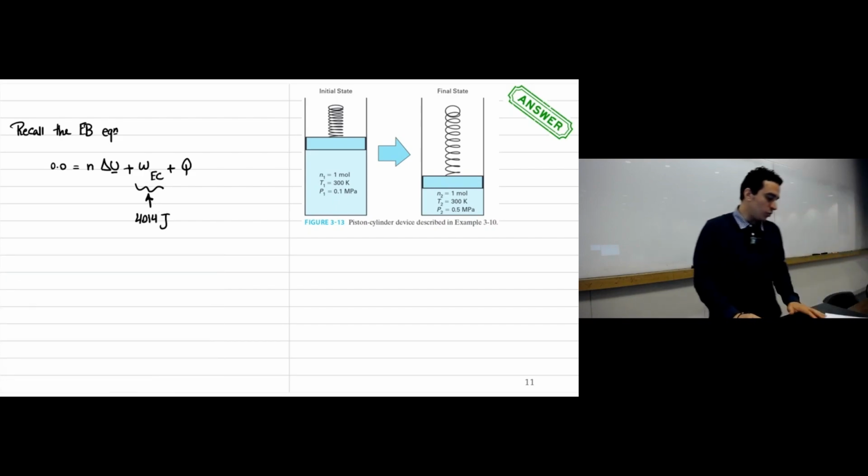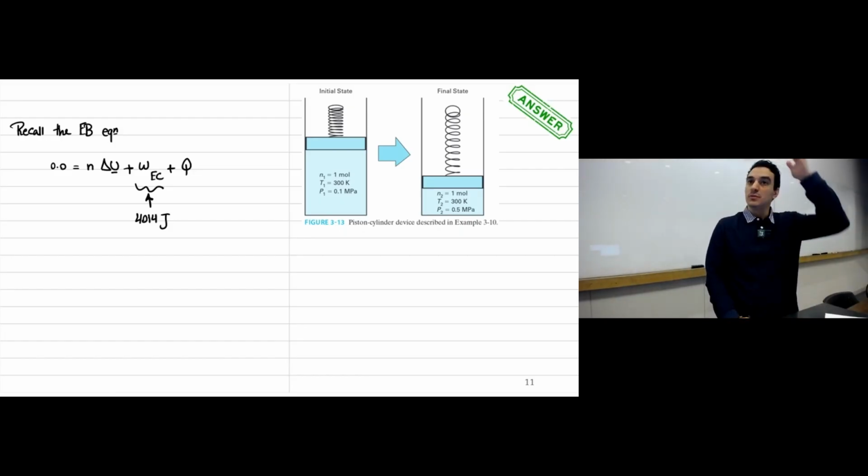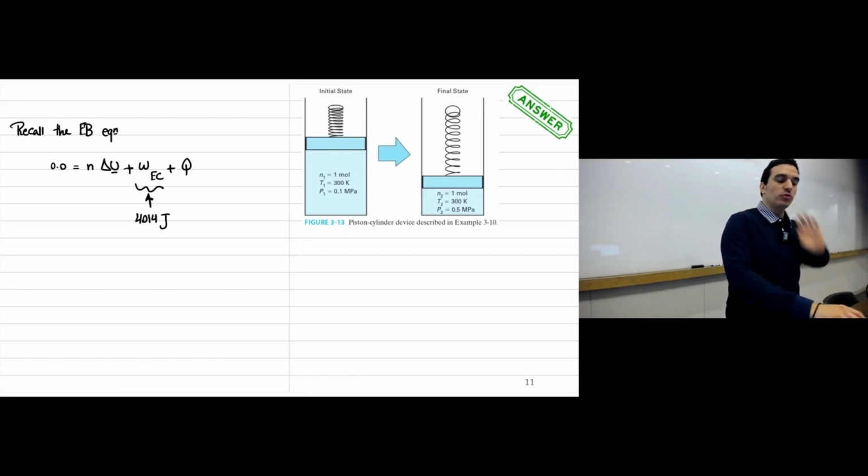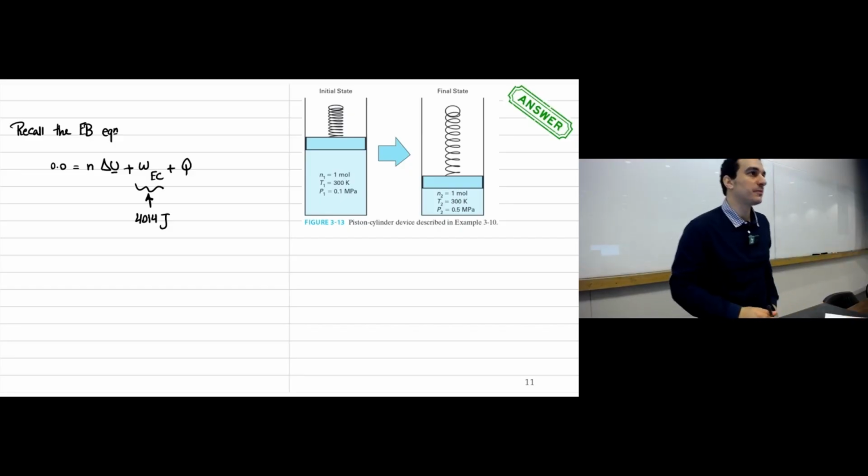And this was requirement 1. The second requirement is to find Q. So in order to find Q, what do we need to find? N is 1. And the change in the molar internal energy, right?